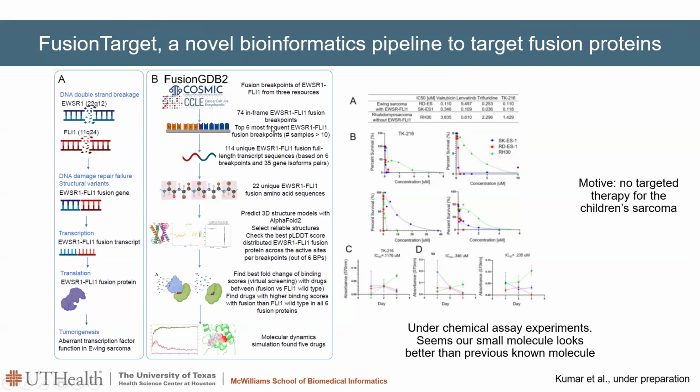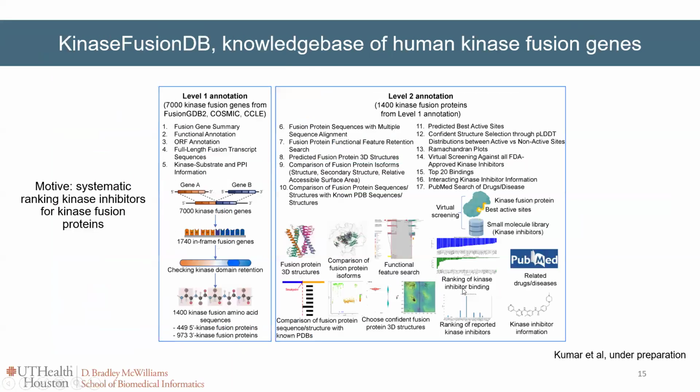Then we annotate the ORF frame, make a full-length transcript, predict the protein sequence and the predicted structure, and then perform our specific virtual screening in a special way, and then apply other criteria. We worked on EWSR1-FLI1, which is the driver mutation in Ewing sarcoma. We suggested some molecules, and it looks like it is working.